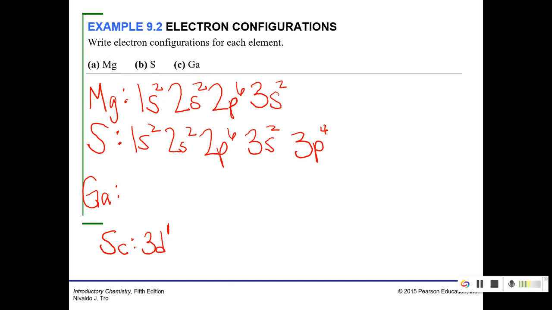D is a really big energy level, so it drops down 1. So that means it is 4d1. As far as 5d and 6d go, we'll get to those when we see a periodic table, okay?